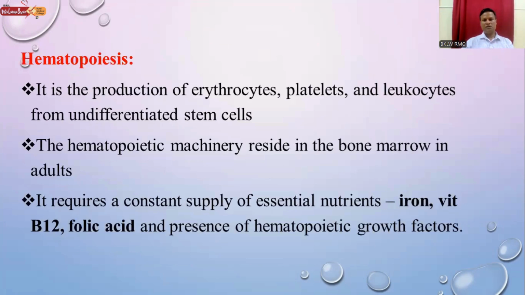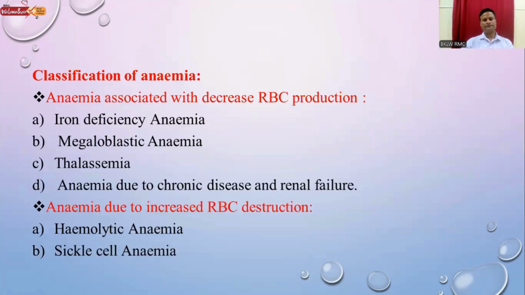And what is hematopoiesis? It is the production of erythrocytes, platelets, leukocytes from undifferentiated stem cells in bone marrow. And for hematopoiesis, we need essential nutrients like iron, vitamin B12, and folic acid, as well as presence of hematopoietic growth factors.